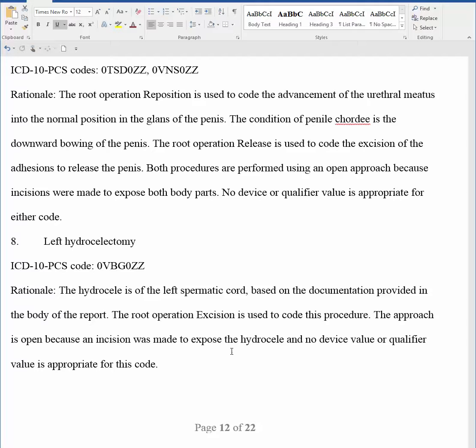We have the word incision. That means an open surgical approach. This piece of the patient's anatomy was removed. That was located on their left spermatic cord. However, the entire cord was not removed. So the root operation is excision. Final code is 0VBG0ZZ.